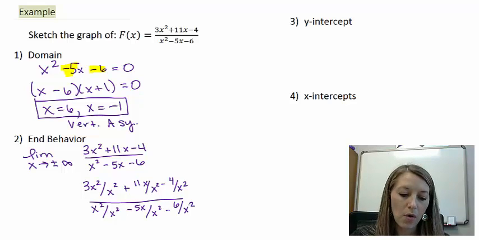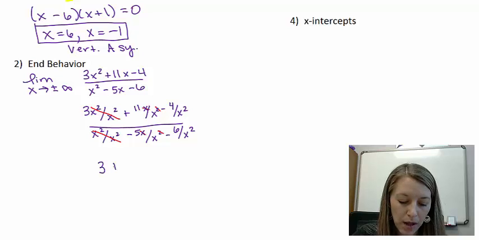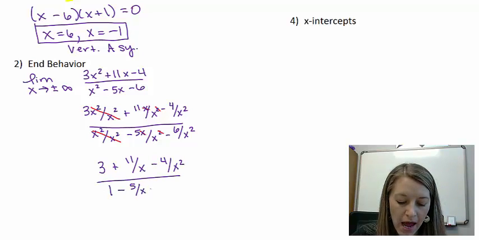Okay, so now I can simplify this. And so I can cancel out some of these x's. And so that leaves me with 3 plus 11 over x minus 4 over x squared, all over 1 minus 5 over x minus 6 over x squared.